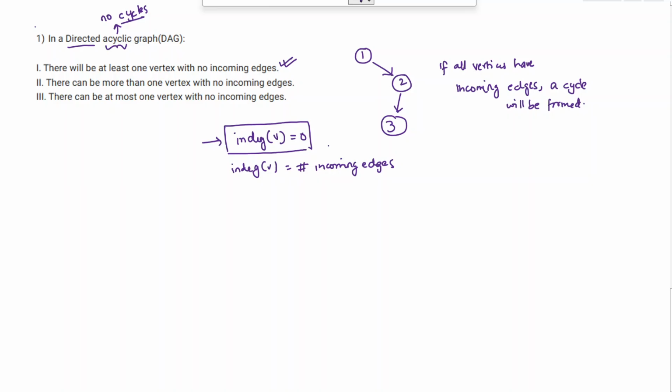There can be more than one vertex with no incoming edges. Suppose there are two vertices. So suppose we have a graph like this, and there is say another vertex which has no incoming edges.